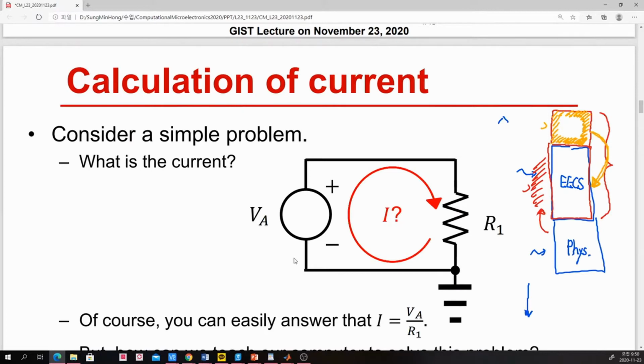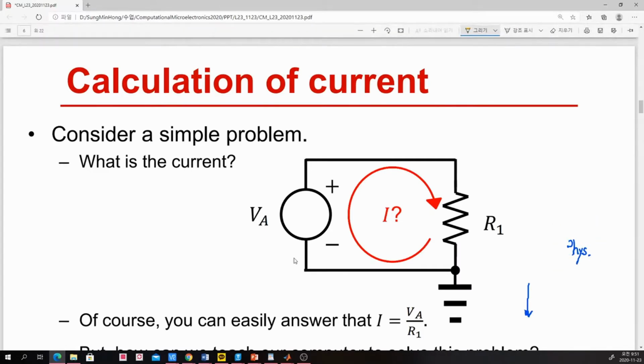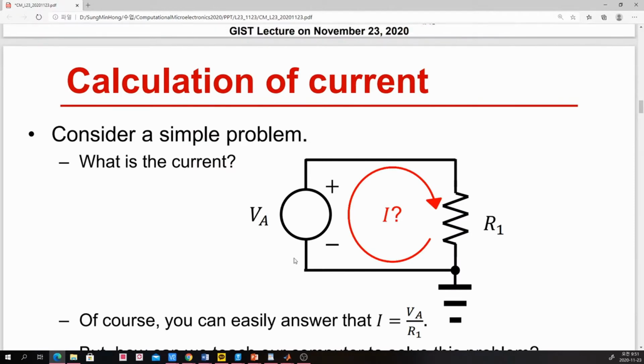Fortunately, even if your background is physics, circuit analysis is already taught in general physics. So I hope that most of you, even those from the physics department, are familiar with Kirchhoff's law and the basic concept of circuit analysis. That is my hope.